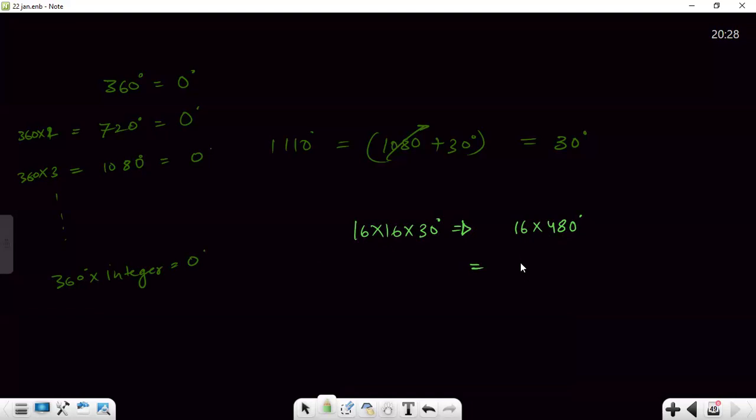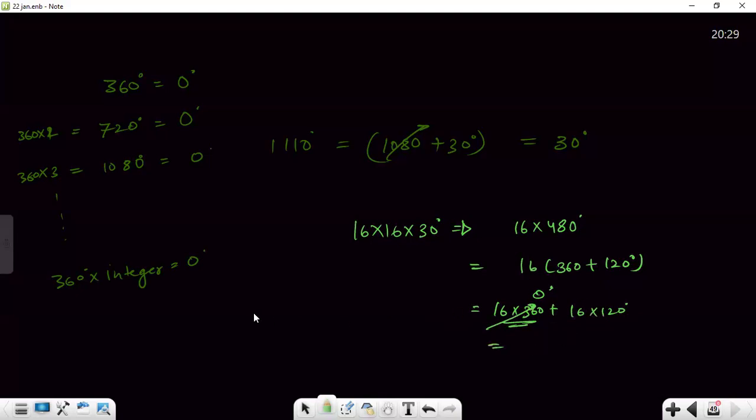Now let's do one witty thing. 480 can be written as 360 plus 120 degrees. We know any integral multiple of 360 is equivalent to 0, plus 16 into 120 degrees. We know this is equivalent to 0. So 0 into 16 is also 0.